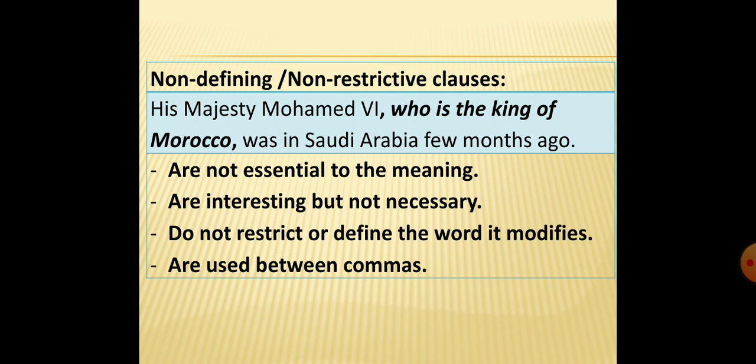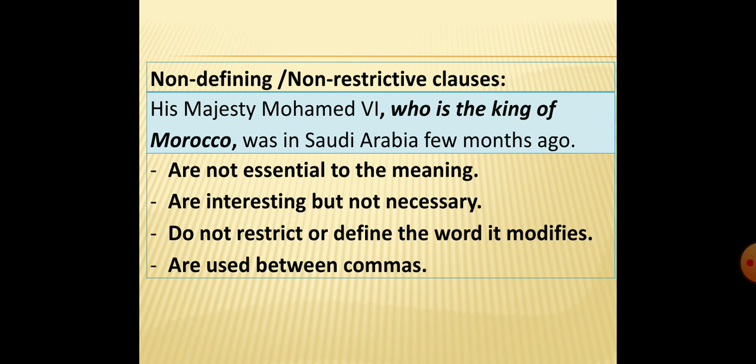They do not restrict or define the word they modify. So when I say who is the King of Morocco, it does not tell us which king, because everyone knows that when I say His Majesty Mohammed VI, it means it is the King of Morocco.